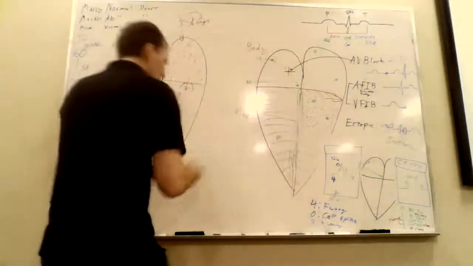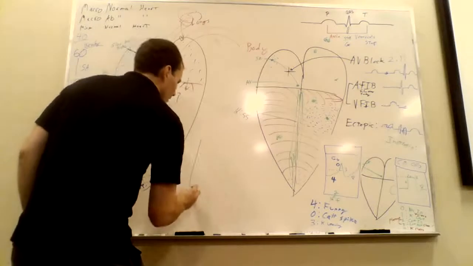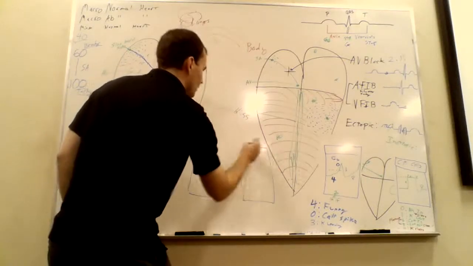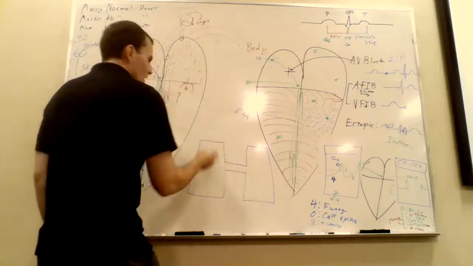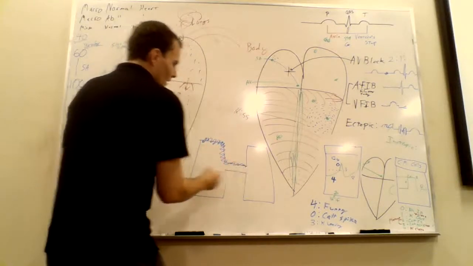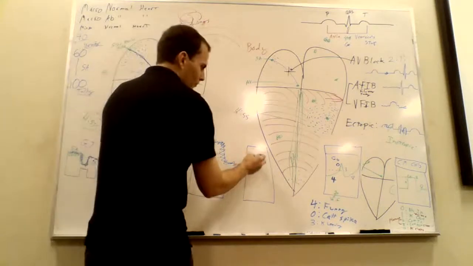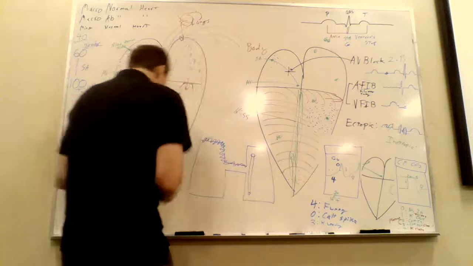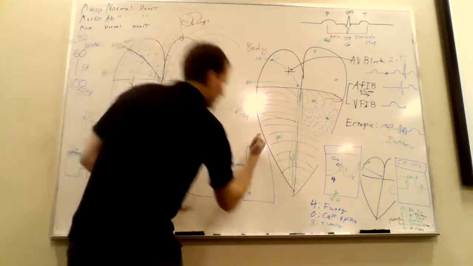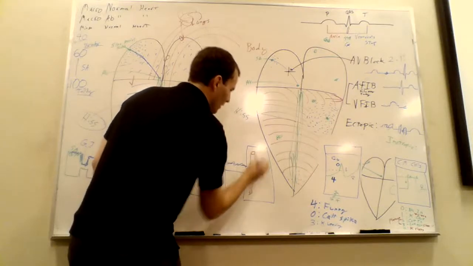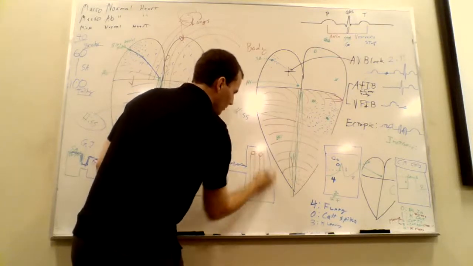So let me draw something for that, honestly. Here's a cell, there's a gap junction, here's another cell. All right, we have some electricity coming in here, and we have muscle fibers going down the middle.